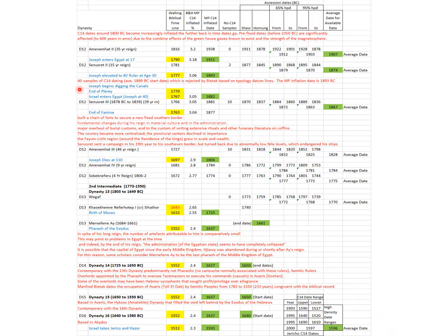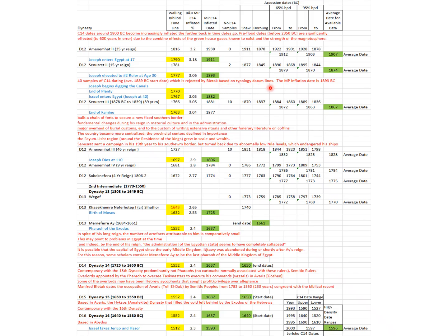Sennacherib because he had 40 samples of carbon-14 dating, which averaged to 1889. Okay, start date, which is rejected by BTEC. I'm sorry, this is not Sennacherib. This actually is the start of the occupation of Avaris in Goshen, which is rejected by BTEC based on typology datum lines.